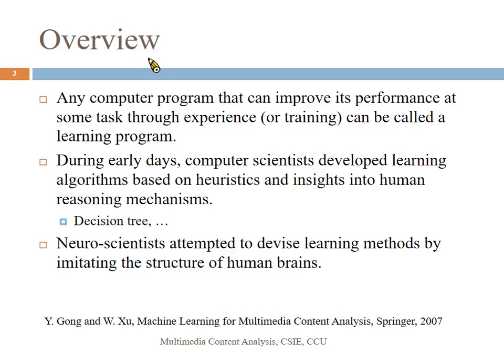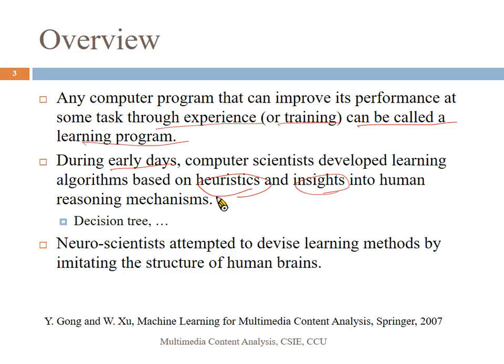So any computer program that can improve its performance at some task through experience or training can be called a learning program. So this is a very generic definition. So any program that can improve its performance based on experience or data can be learning program. And during early days, computer scientists developed learning program based on heuristic and insight into human reasoning mechanism.